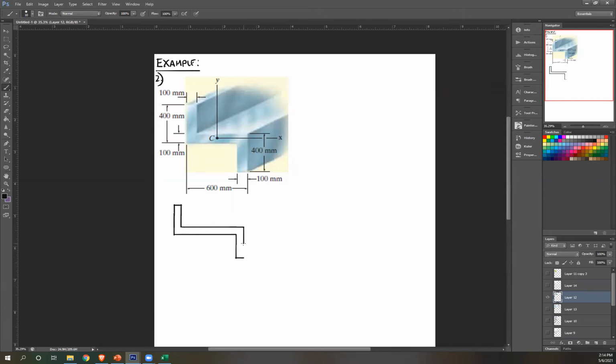So we have 3 rectangles. Now it's up to us how to divide this into common shapes. For me, I'm gonna divide it this way. So this is my area A, area B, area C.